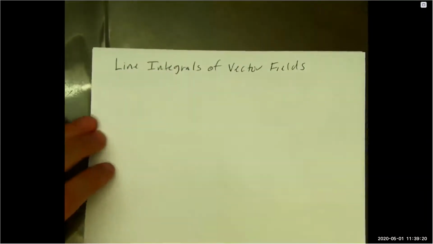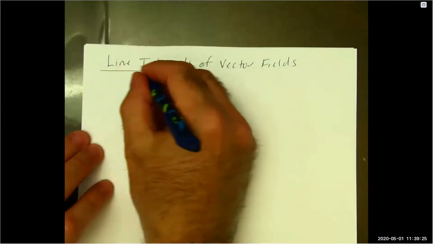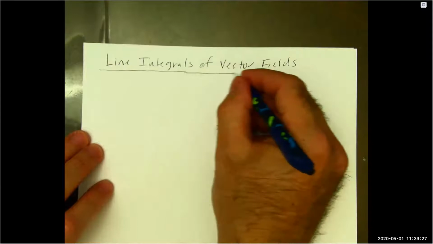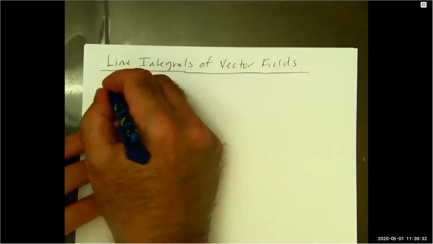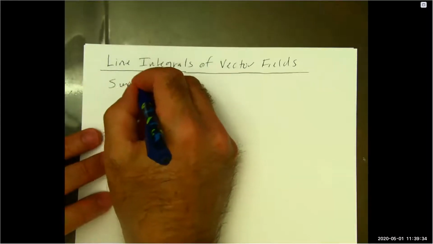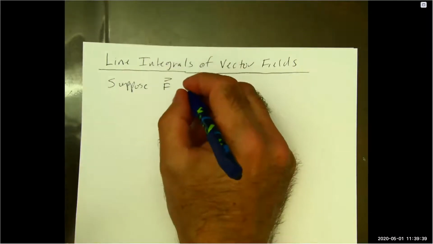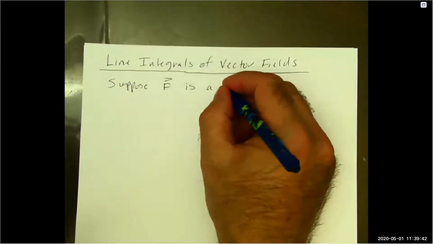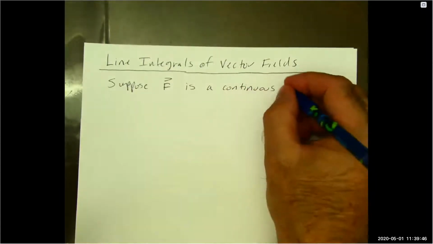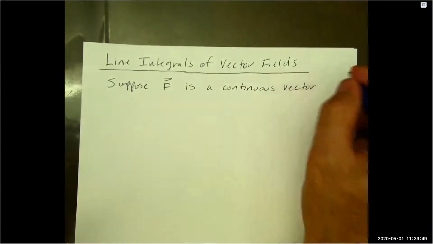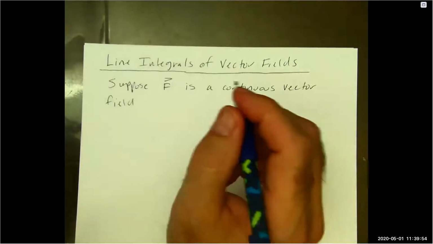All right, so let's suppose F is a continuous vector field. And remember that that means that its component functions are all continuous.